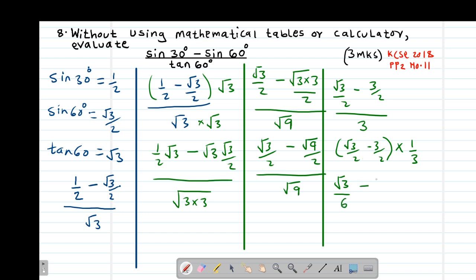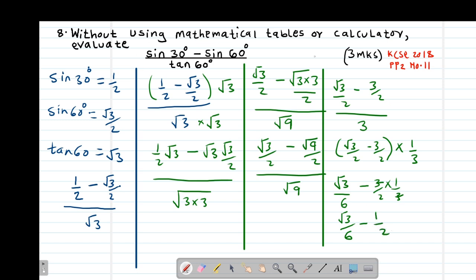Then minus 3 over 2 multiplied by 1 over 3, where 3 and 3 cancel out, so I remain with a half.